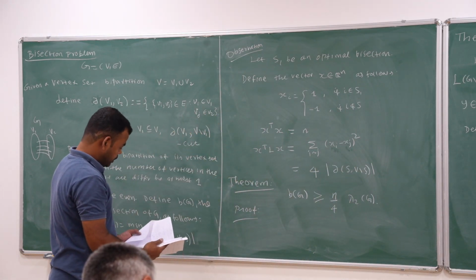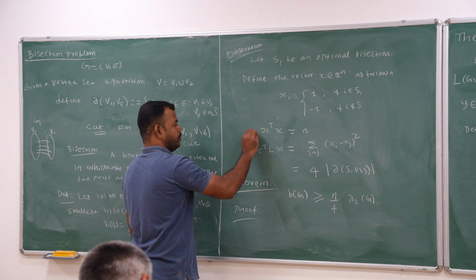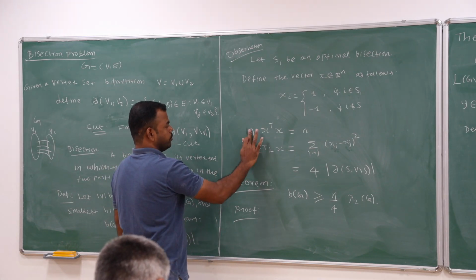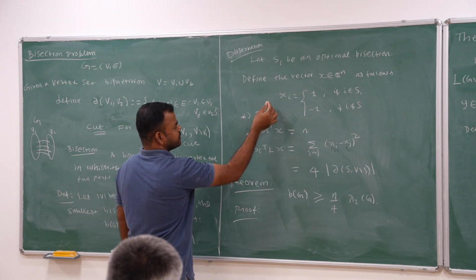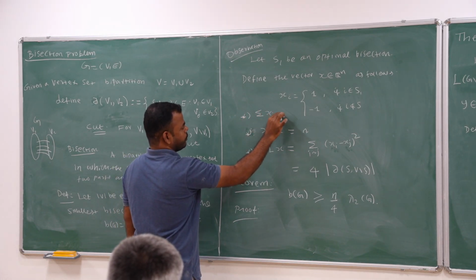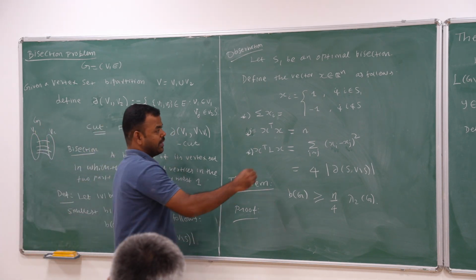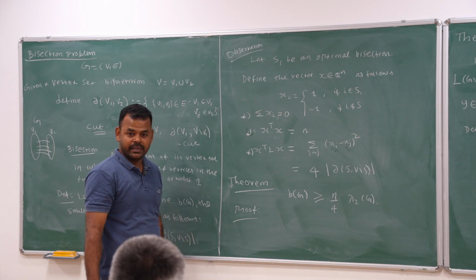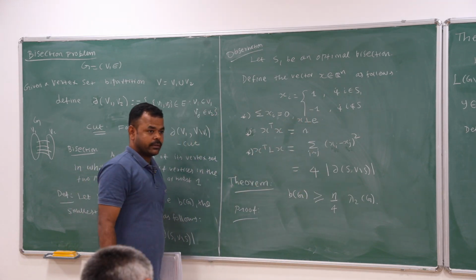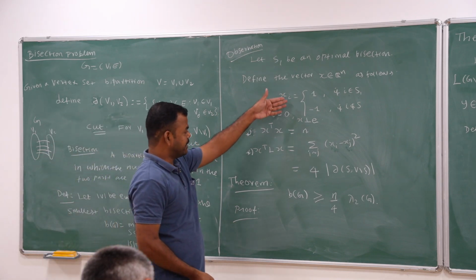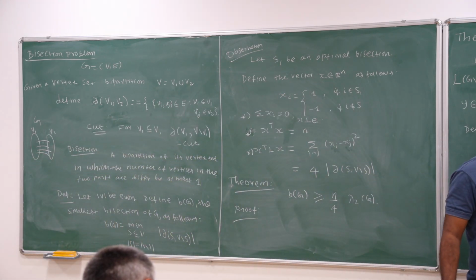Maybe one more observation I can make here. The sum of the entries of this vector x is 0, because the cardinality of S is equal to the cardinality of V minus S. That is the same as saying that this vector x is orthogonal to the all ones vector. Now the vector which we constructed satisfies all the constraints, except that it does not have norm equal to 1.